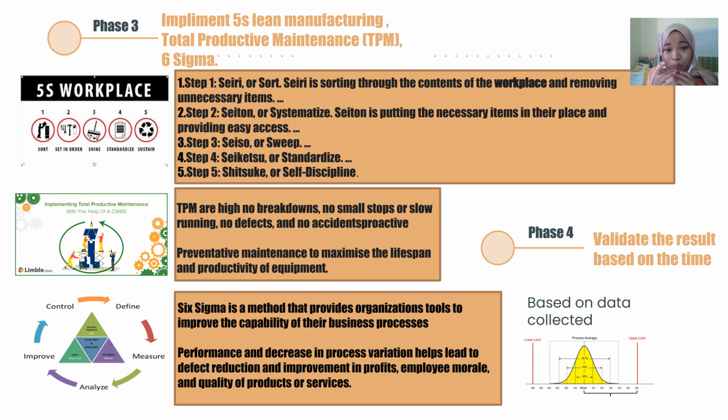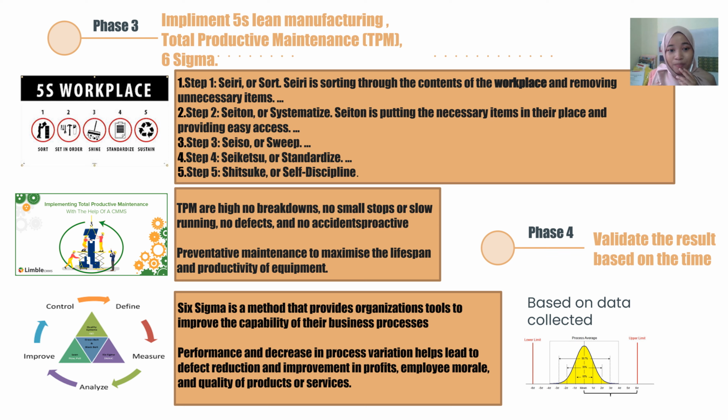Second, putting the necessary items in their place and providing easy access. Third, shine. Fourth, standardize. And fifth, self-discipline. When this is applied in the workplace, enhanced productivity can be gained.